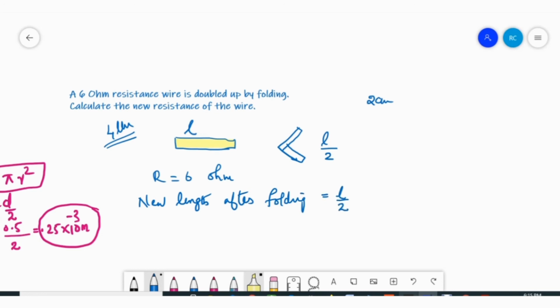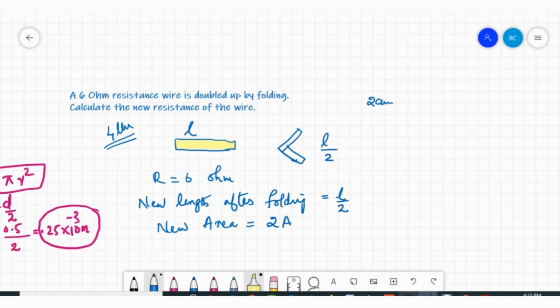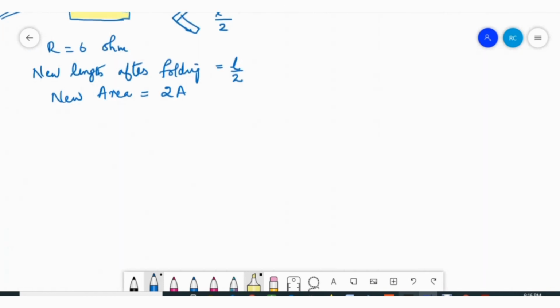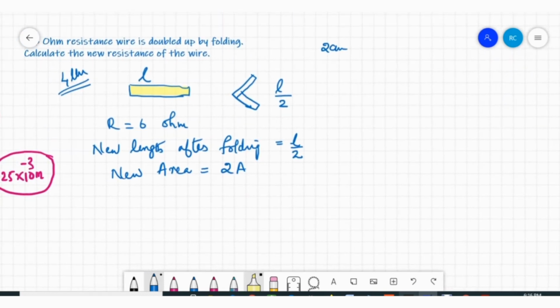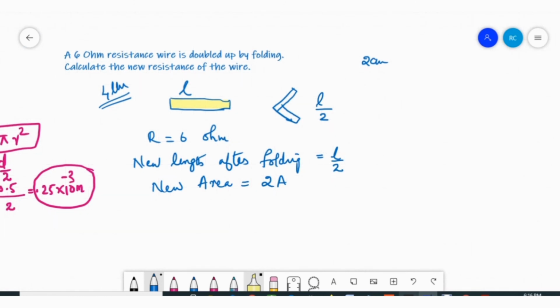It becomes L by 2. Now the area is changing. Now the new area becomes 2A. Now the area is increased already. So the new area will be 2A. Therefore, R is equal to rho into L by A. This is our normal equation.